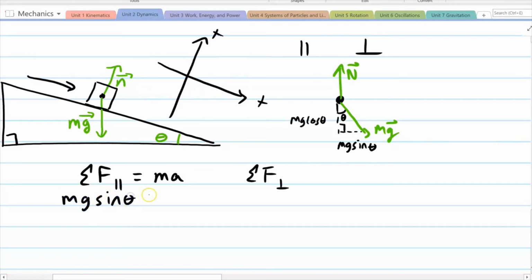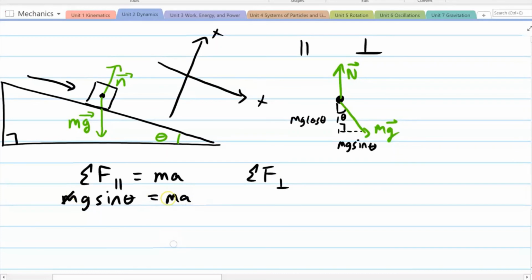I define downwards along the slope as positive, and this is equal to ma. You can simplify and solve for acceleration, and we found that. So the final statement here: a equals g sine theta.